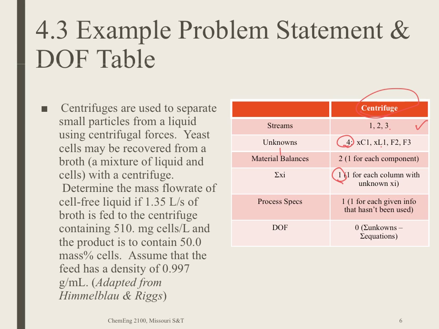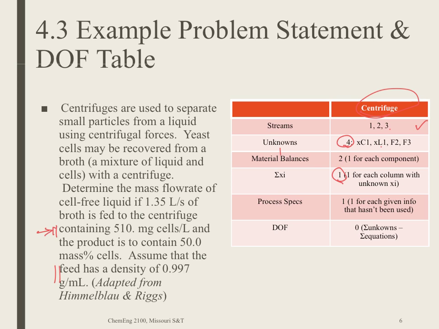And then process specs. Process specs are going to be any information in the given information that I have not yet used as a material balance or sum of X or something else. So what I know is that I have 510 milligrams of cells per liter, and I have 1.35 liters per second, and I have this.